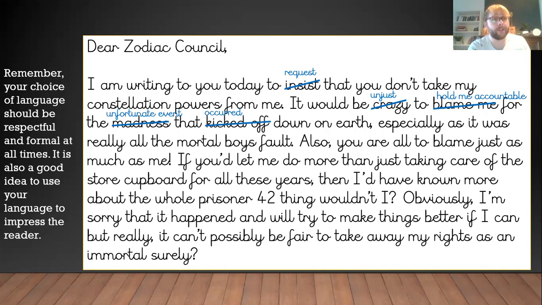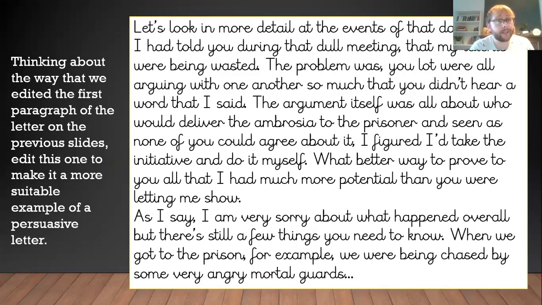Because that's what I'd like you to do today. I'd like you to think about all those different things that we've edited from the first paragraph. We looked at formality. We looked at not being too aggressive. We looked at vocabulary to help us seem more formal and also help us be more persuasive. We looked at making sure that we are appealing to the person we're writing to. And that is really important.